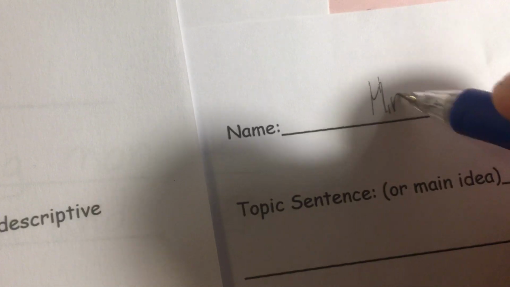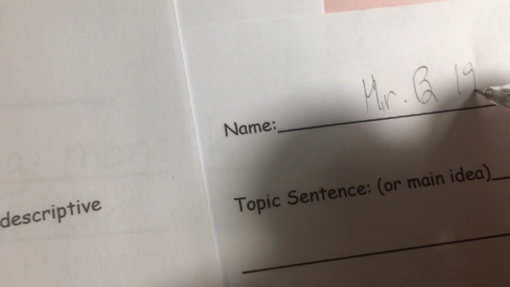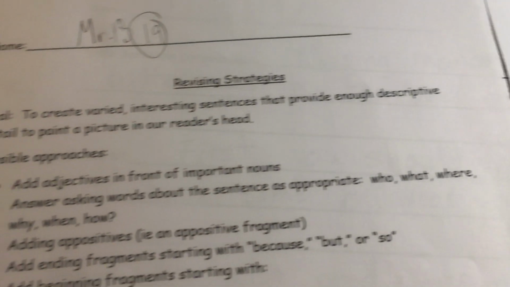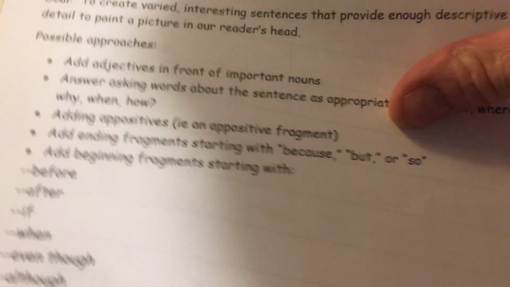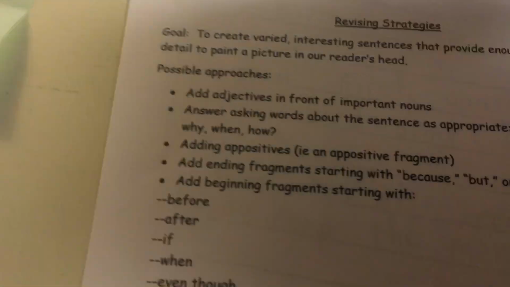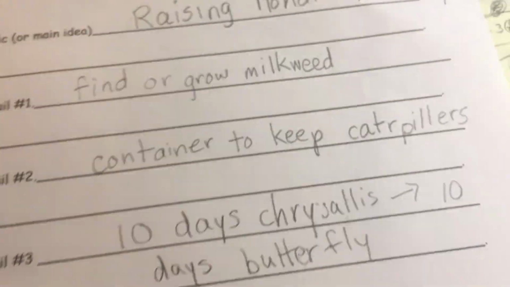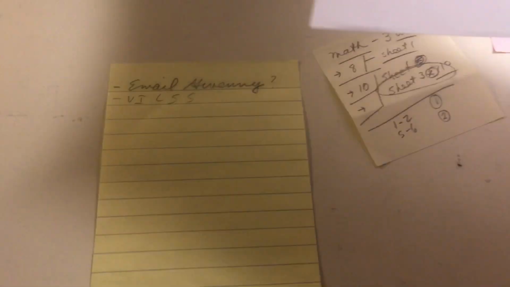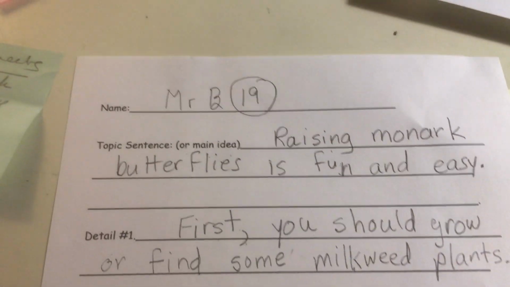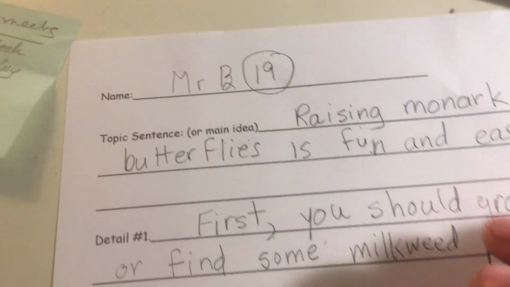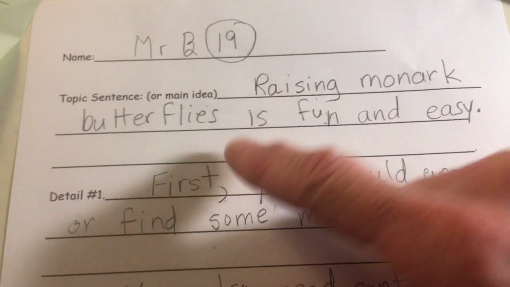And then what we are going to do is you're going to take your sloppy copy draft that you worked on Friday, put your plan off to the side, okay, and then here's my sloppy copy from Friday.